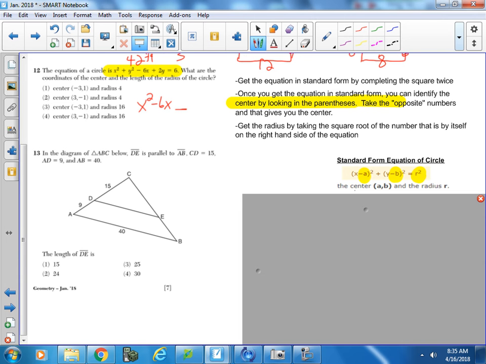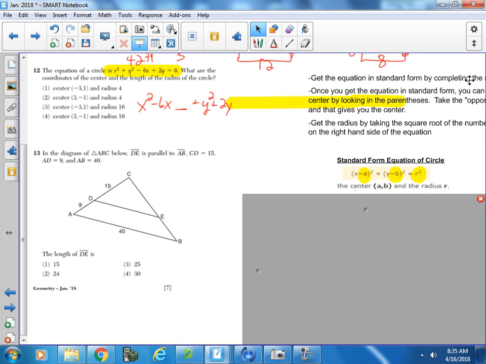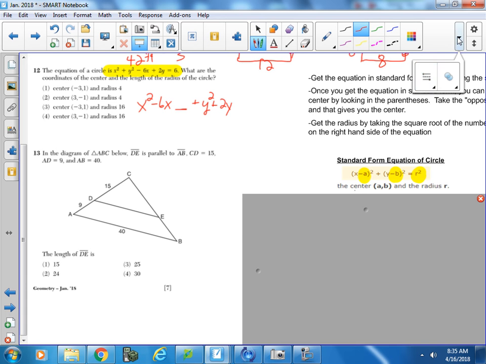And then I'm going to put my y squared, so plus y squared, and then plus 2y. I'm going to have to move some stuff here.